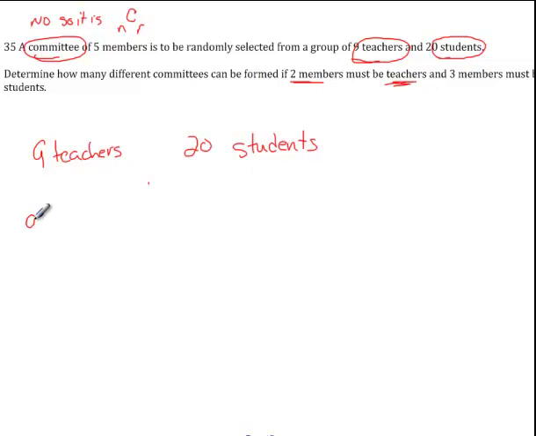Oh, well, I have 9 teachers and I'm choosing 2. 3 members must be students. So I have 20 students and I'm choosing 3. The magic word "and" here means to multiply.